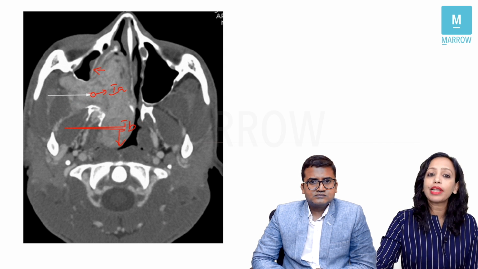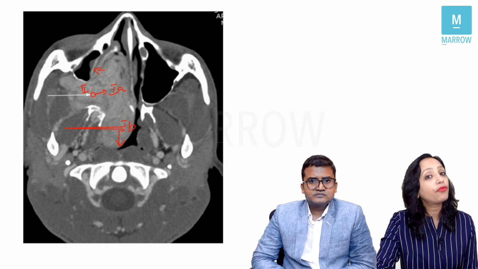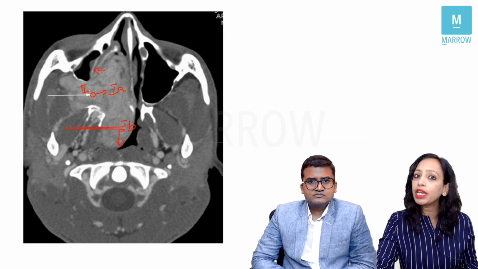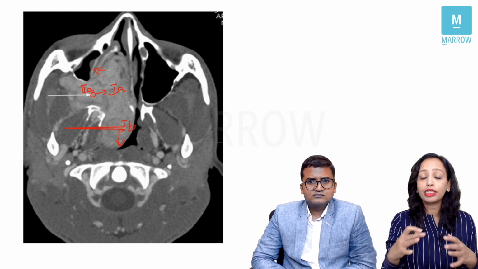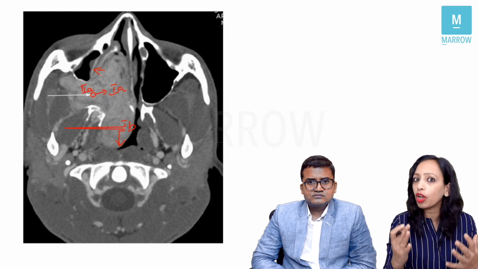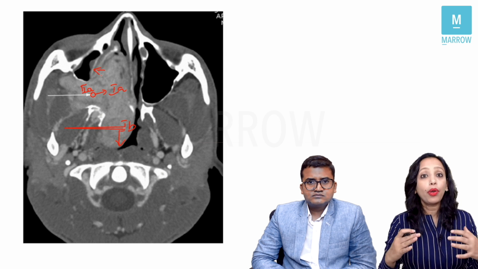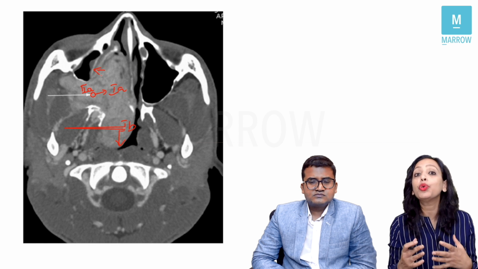Now, when it goes laterally, the lateral spread is stage 2. Which means that when it has gone into the sphenopalatine fossa, that is 2. When there is minimal spread into the sphenopalatine fossa, that is 2A. When the sphenopalatine fossa is completely filled, as it is in this case, pushing the posterior wall of the antrum anteriorly and going into the orbit also, to the inferior orbital fissure, that is 2B.